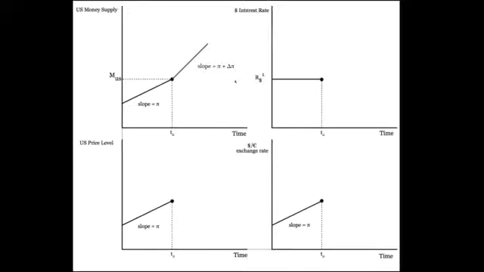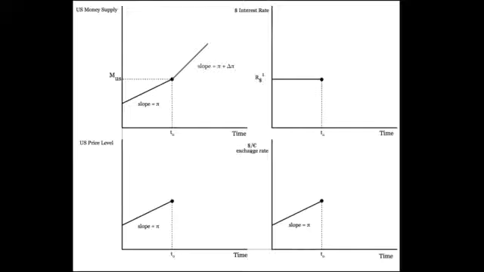So if we take a look at this, the first thing we want to take a look at is what's going to be the impact on interest rates in the United States. And the first place that we really need to take a look at is the impact on exchange rates. If the money supply growth rate is going to increase permanently by an additional amount announced by the Fed, that's going to cause anticipated depreciation of the dollar in exchange rate markets.